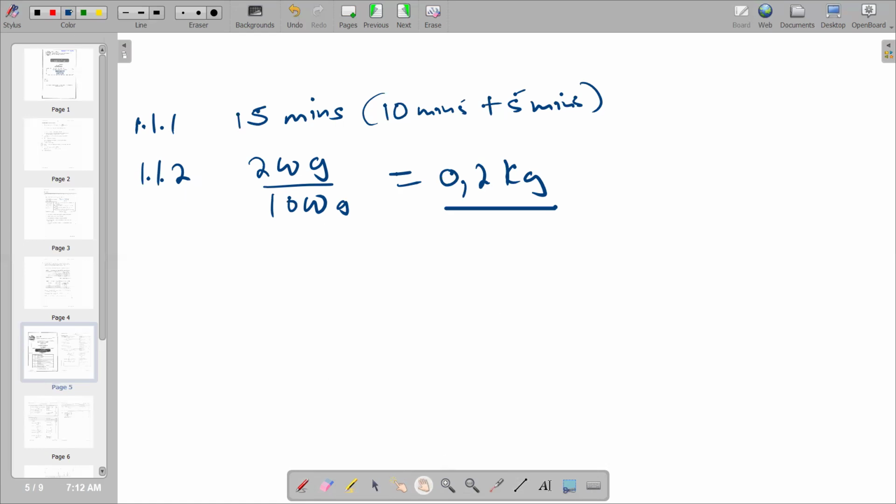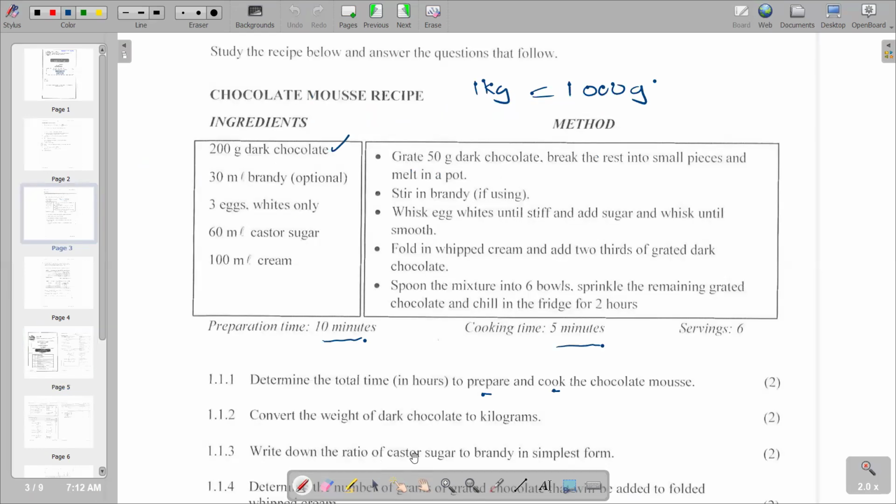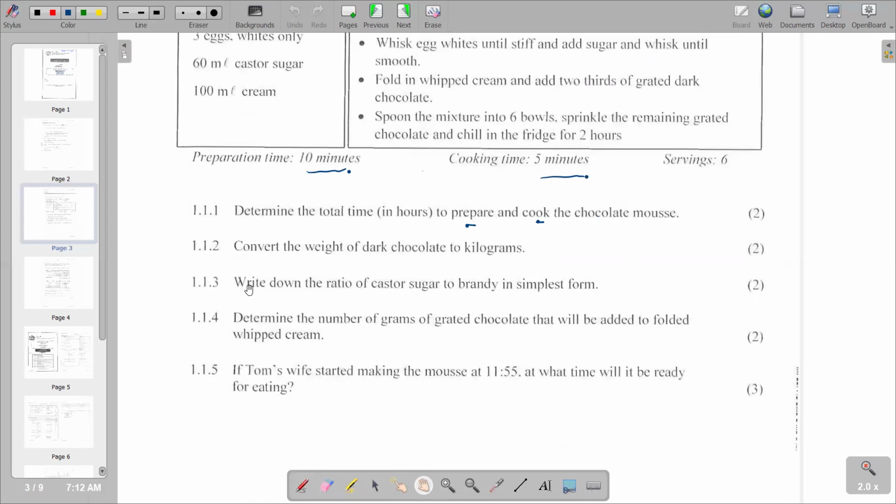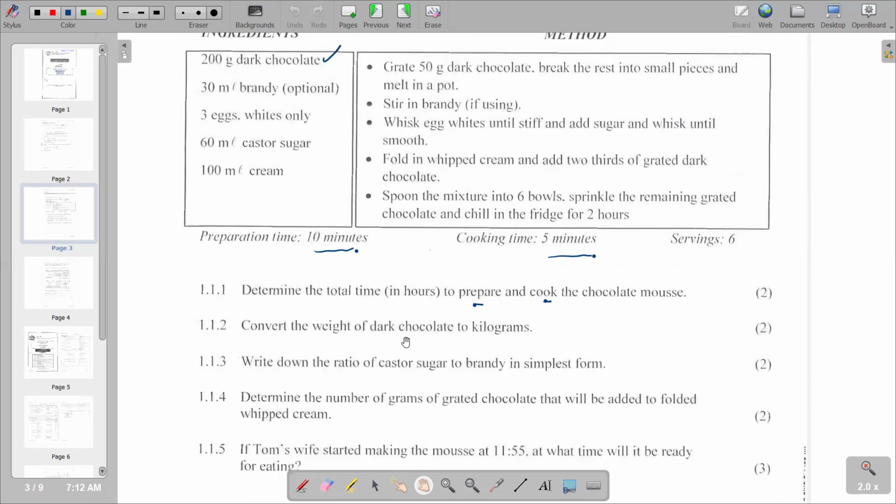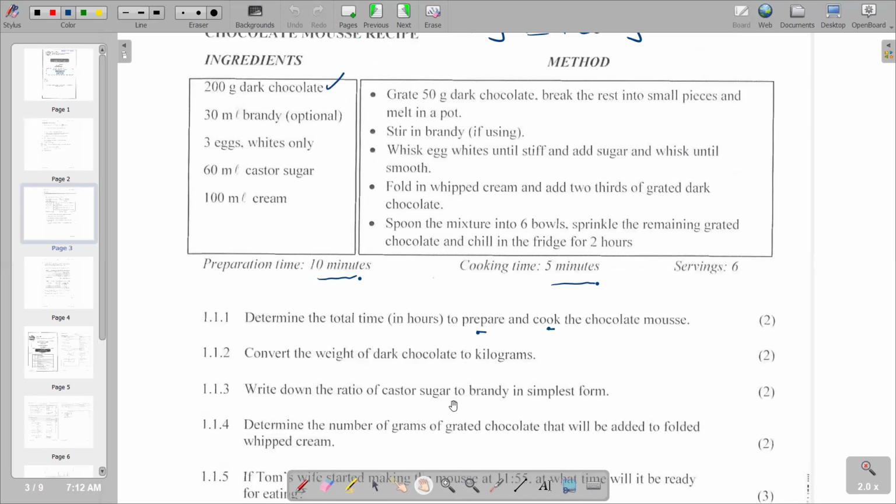Moving on to the next part, which is now our 1.1.3. 1.1.3 is write down the ratio of caster sugar to brandy in simplest form. So we first identify the caster sugar, then we identify the brandy, according to the information given.